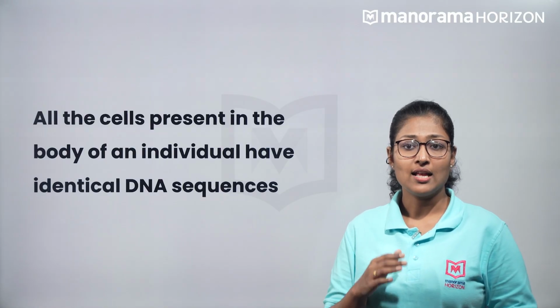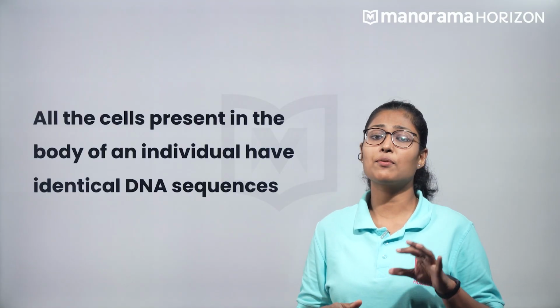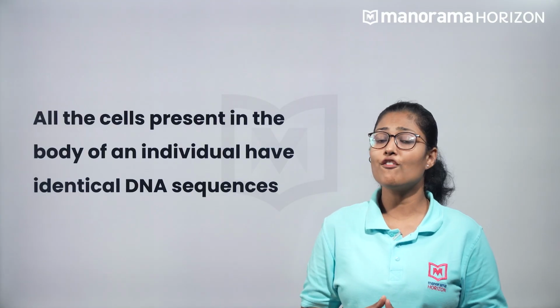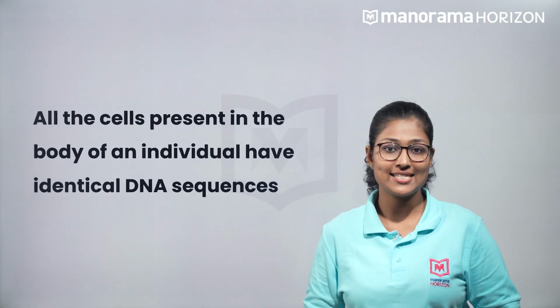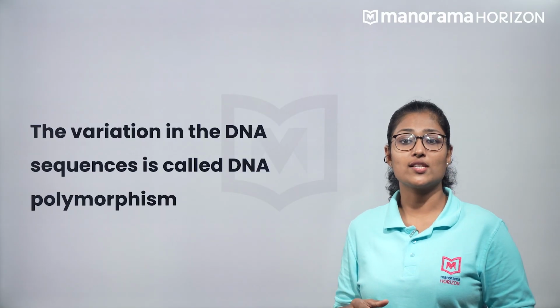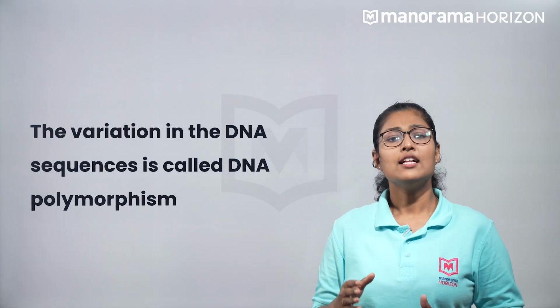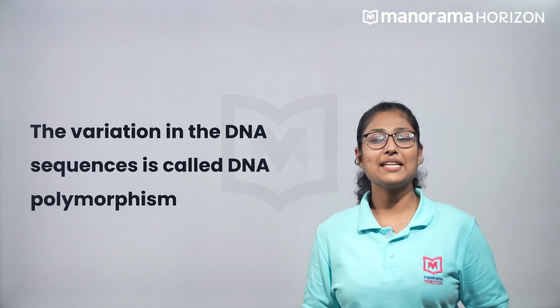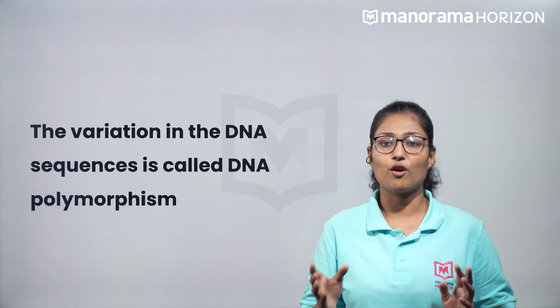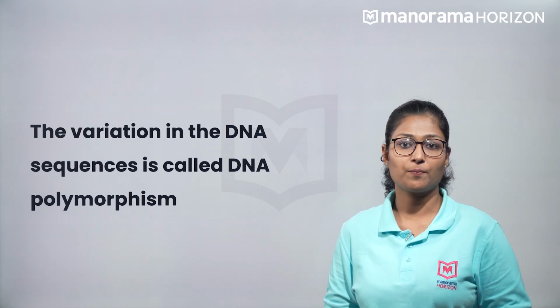This means that all the body cells of an individual would have the same repeats and number of microsatellites and minisatellites. The variation in the DNA sequence is called the DNA polymorphism. Here, the microsatellites and the minisatellites exhibit polymorphism for their length or size among individuals.